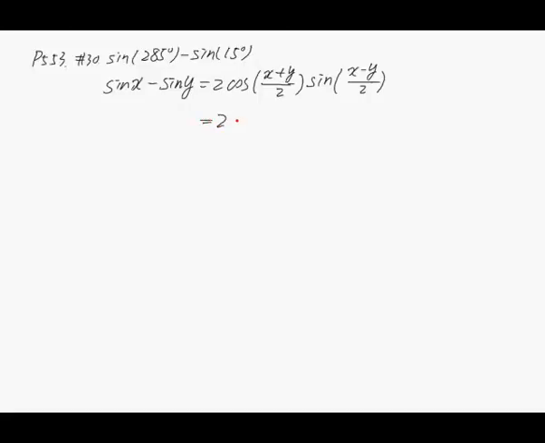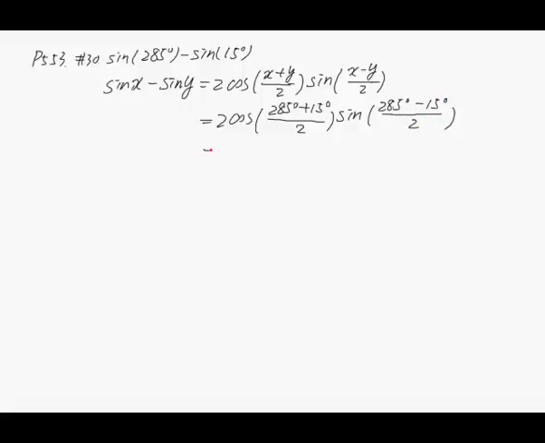So you have 2 times cosine of (285 degrees plus 15 degrees) over 2, and then times sine of (285 degrees minus 15 degrees) over 2.